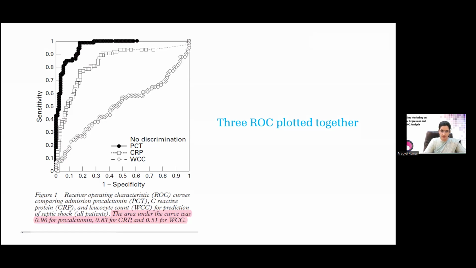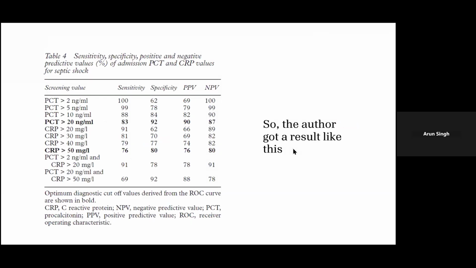Yes, Dr. Arun? Ma'am, while this is understood, on the previous slide in which the author had drawn the 2 by 2 table, the PCT of more than 20 has been highlighted in bold, which I presume would be the threshold parameter that the author has honed in on, based on which he decided that this should be used to determine whether there will be septic shock or not.